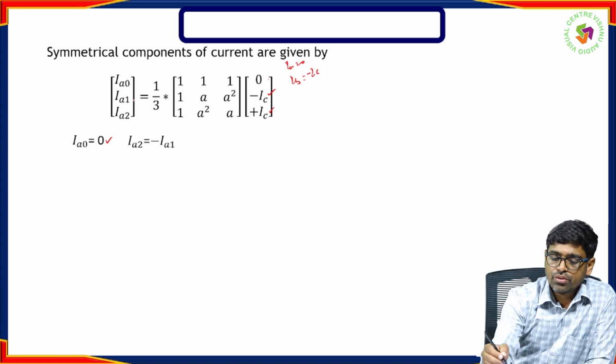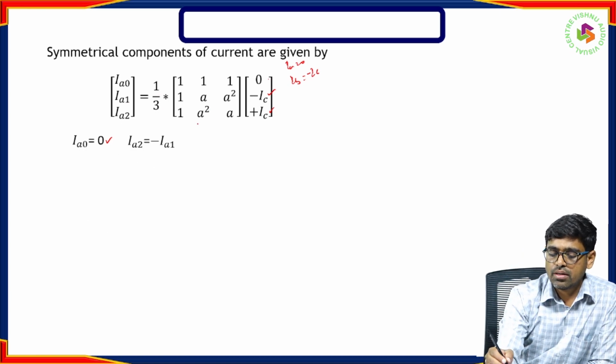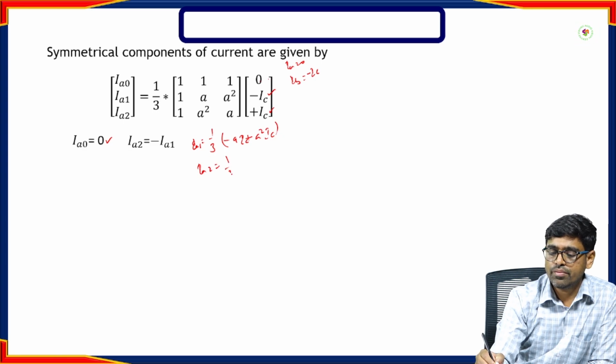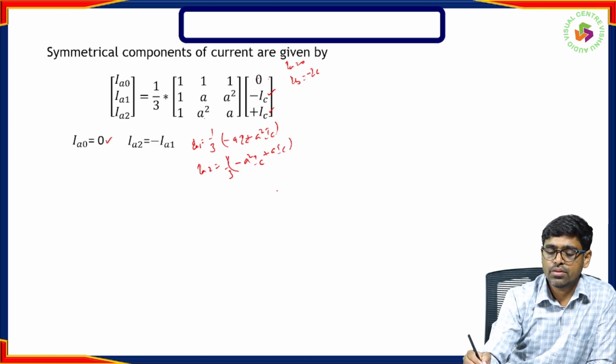And IA1 we can derive as 1 by 3 into 1 times 0, A times minus IC, A square times plus IC. And IA2 is 1 by 3 into 1 times 0, A square times minus IC, A times IC.